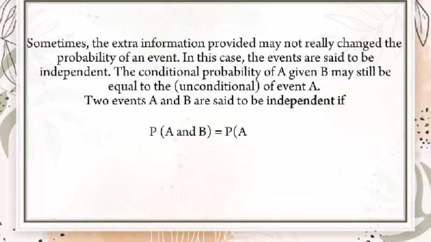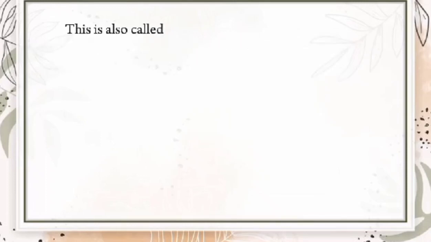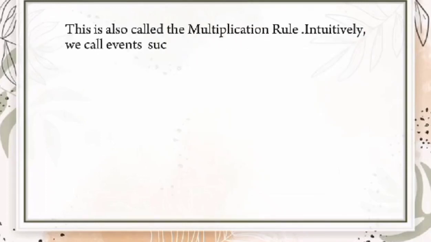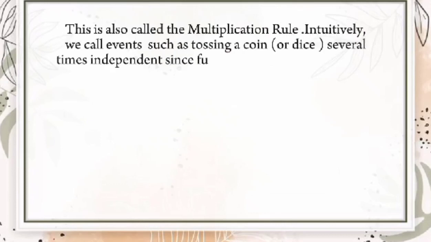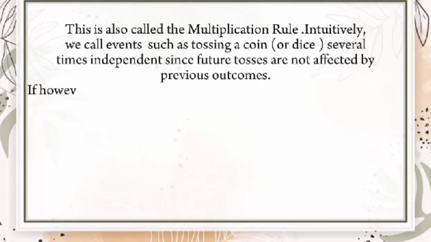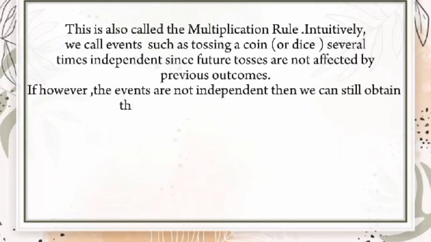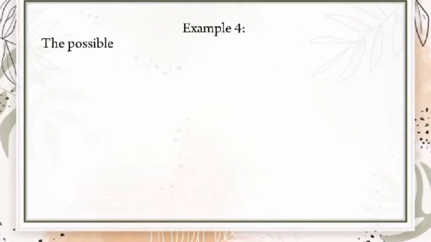This is also called the multiplication rule. Intuitively, we call events such as tossing a coin or dice several times independent since future tosses are not affected by previous outcomes.